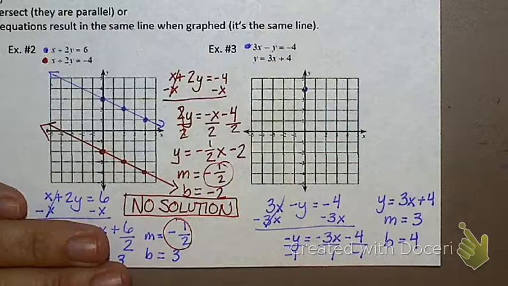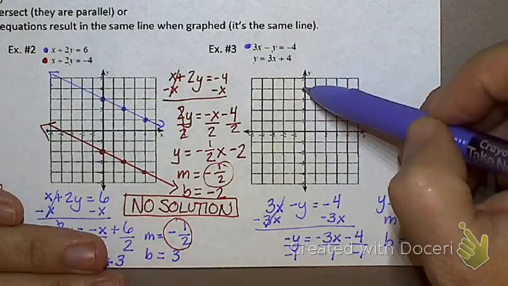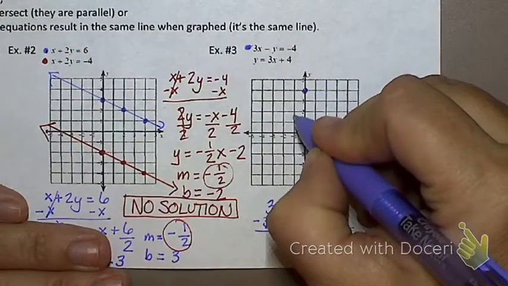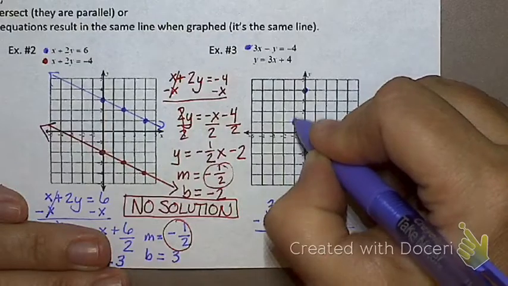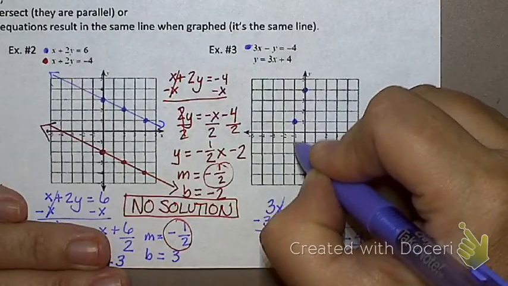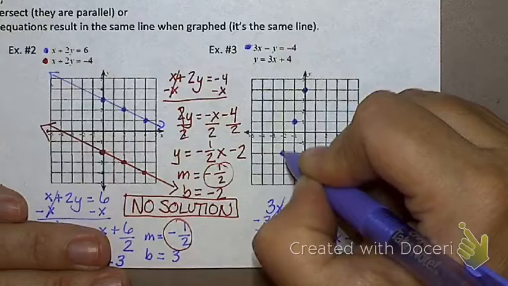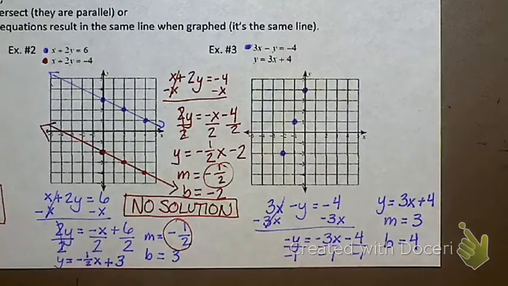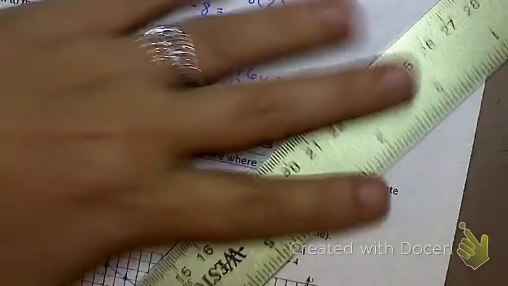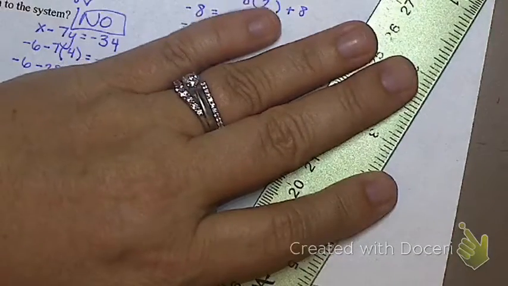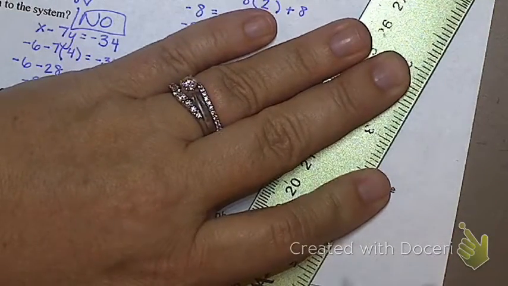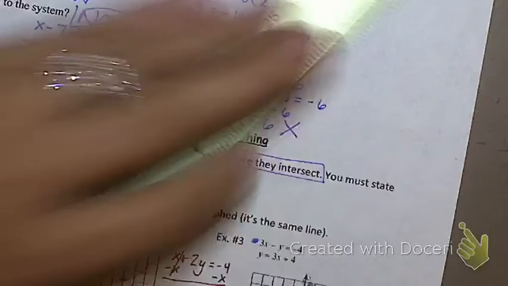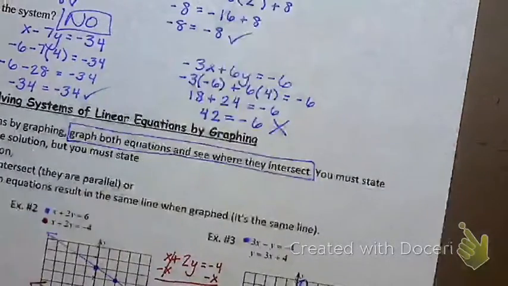What point did I start at if I went up 3 and over 1 to get to here? Well, that would be down here to go up 3 over 1. And there, correct? Good answer. Yes. Ever feel like you're talking to yourself? All the time. Okay, so there's my purple line.